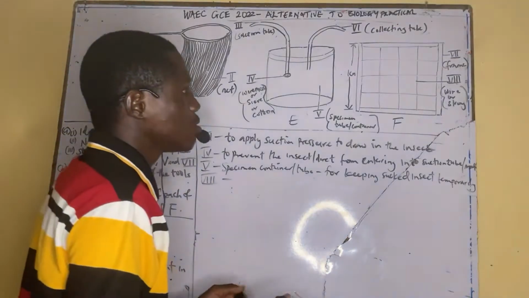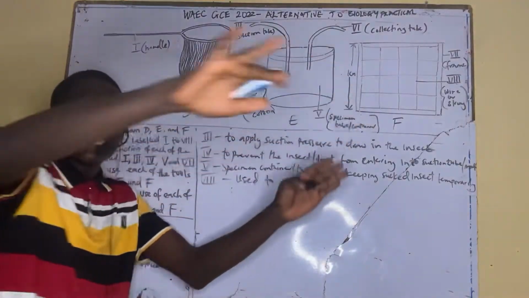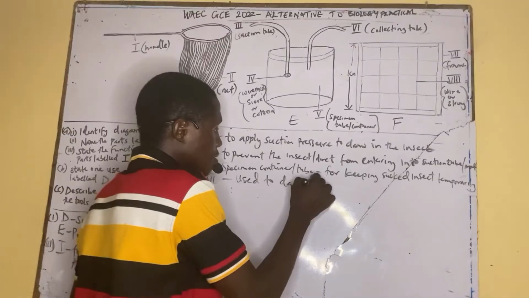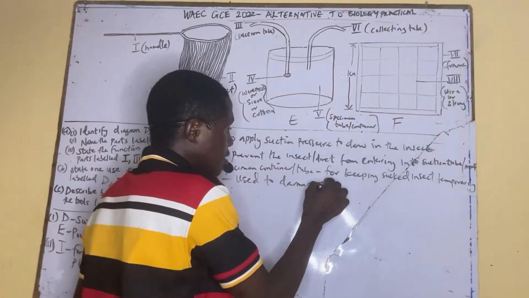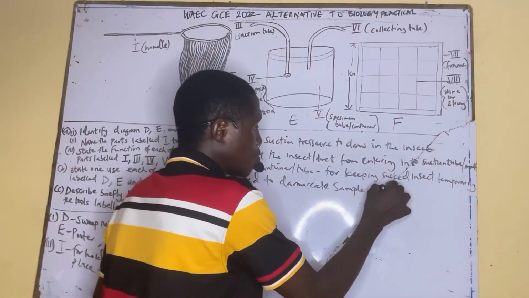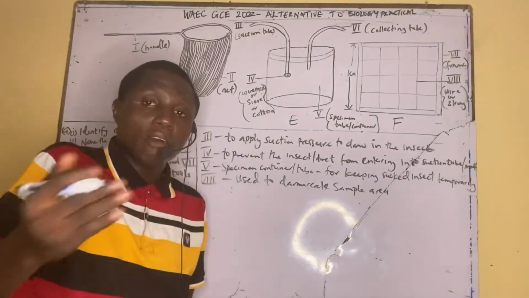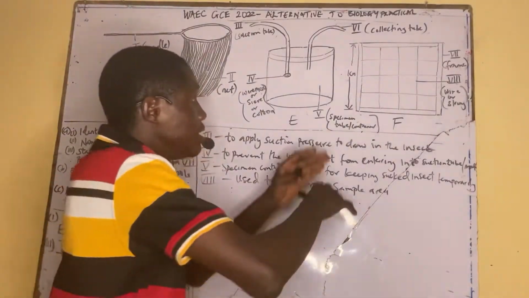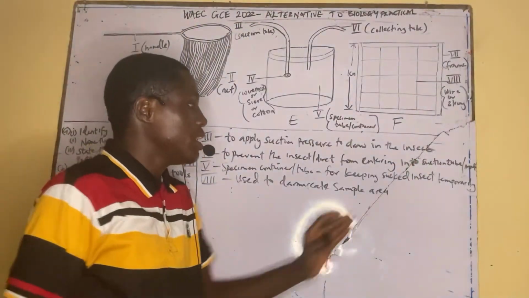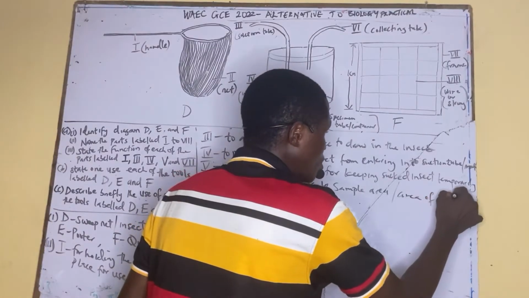The wire or the string is just used to demarcate the sampling area, where you wanted to investigate for the number of species or organisms present. So when you throw the quadrant, it demarcates the sample area or area of study. So that is the function of this.